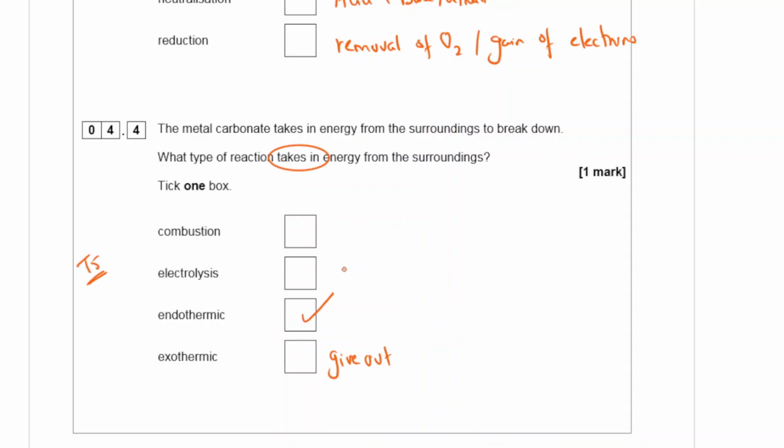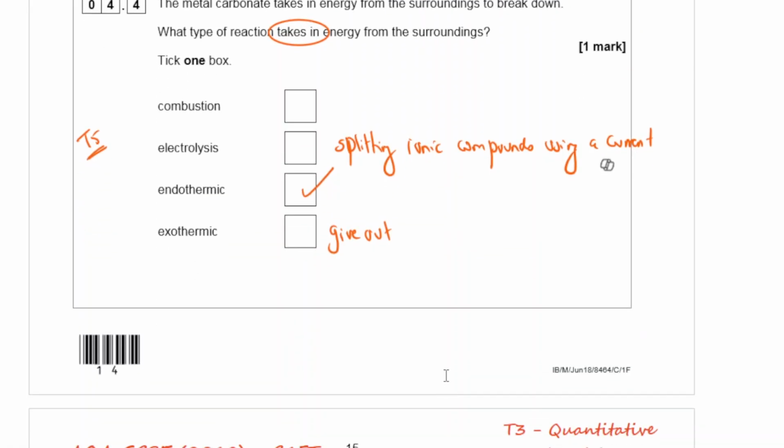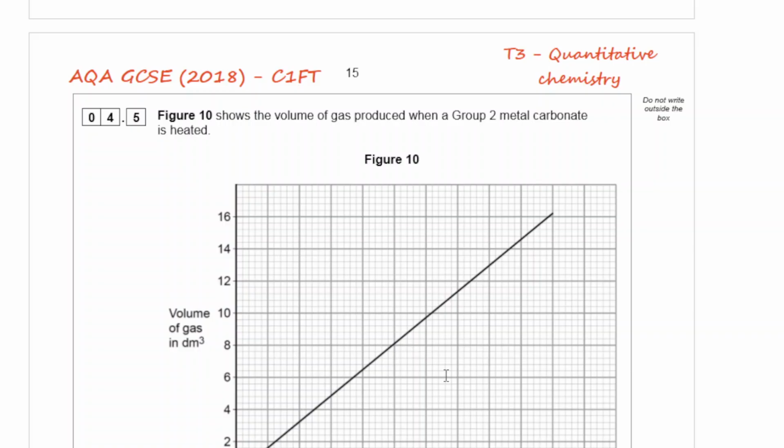Electrolysis is when you're splitting ionic compounds using a current. Combustion again is the formation of carbon dioxide and water when any substance reacts with oxygen.